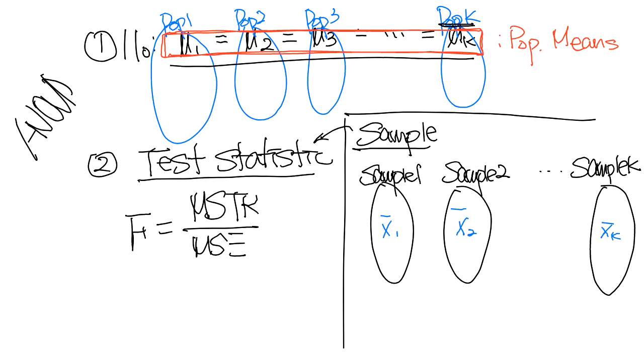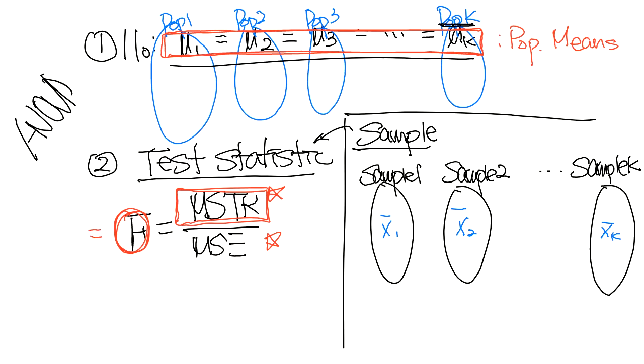Let me see. Consider MSTR again. What was the interpretation of the MSTR? The mean square was defined as the sum of squares over the degrees of freedom. I said that MS is a kind of variance. So now I can say the F score is the fraction of two variances.